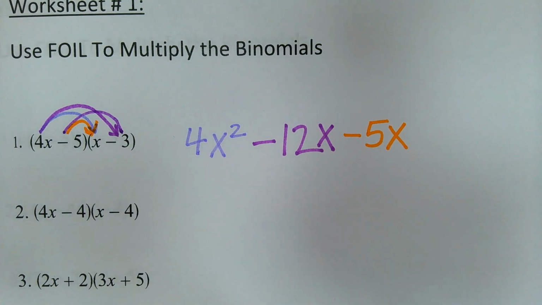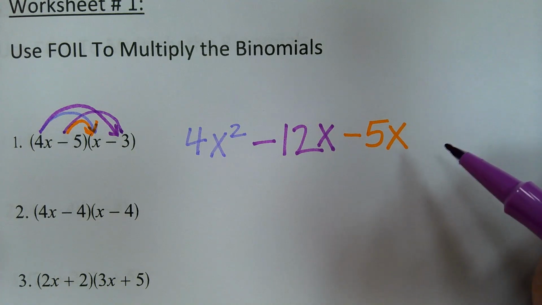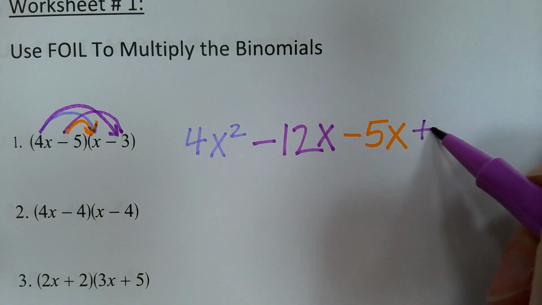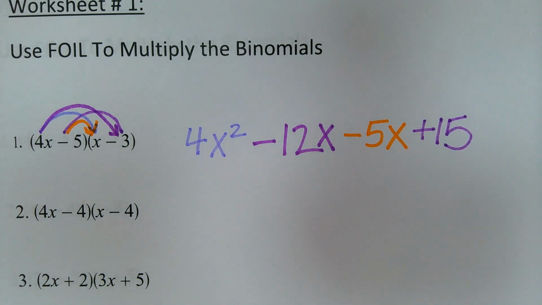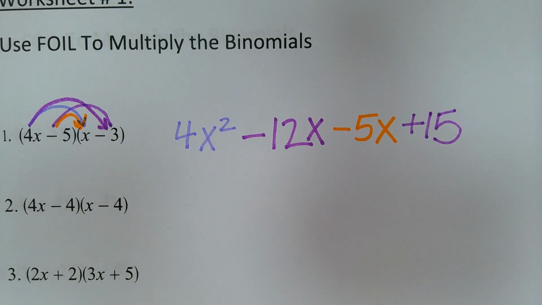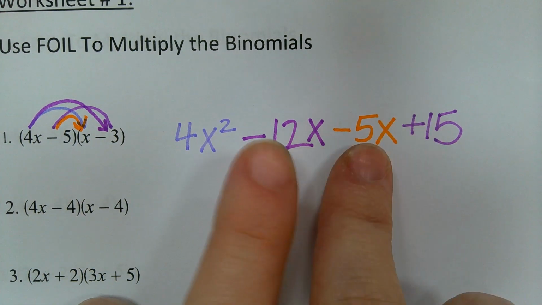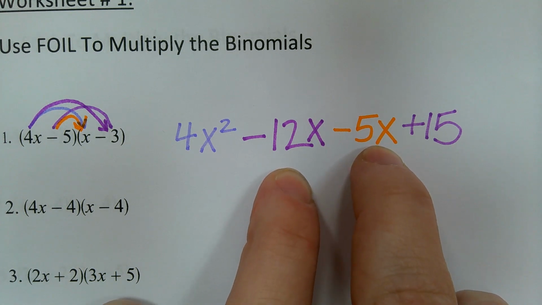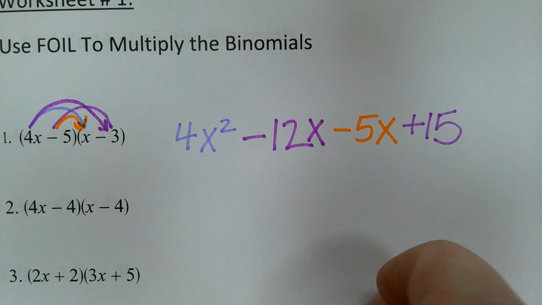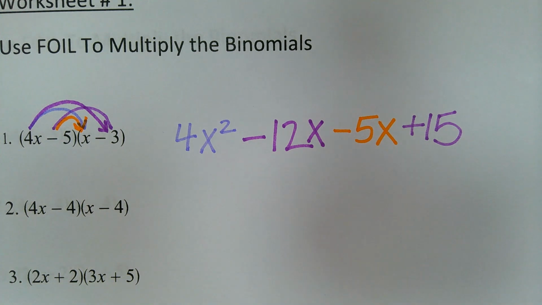Negative 5 times negative 3. Two negatives make a positive. Good. Plus 15. Okay. And your like terms will be your middle pieces. Yes. So we have these two terms in the middle with the same variable and the same exponent, which is that invisible 1. So we can combine these.